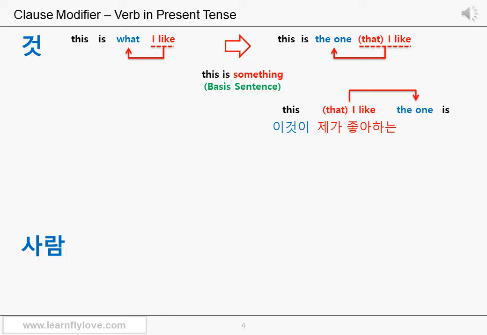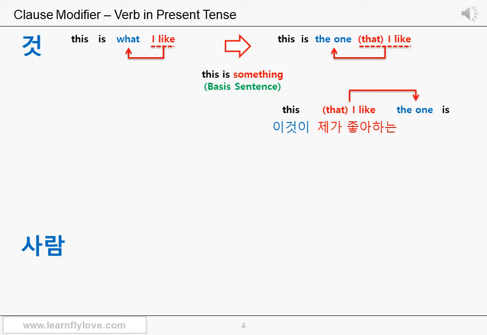I is 저. But we're gonna add the subject particle 가. So it will become 제가. Like. 좋아하 is the stem. Add 는 sound to it. It will turn it into a modifier when it is the present simple tense. 좋아하는.